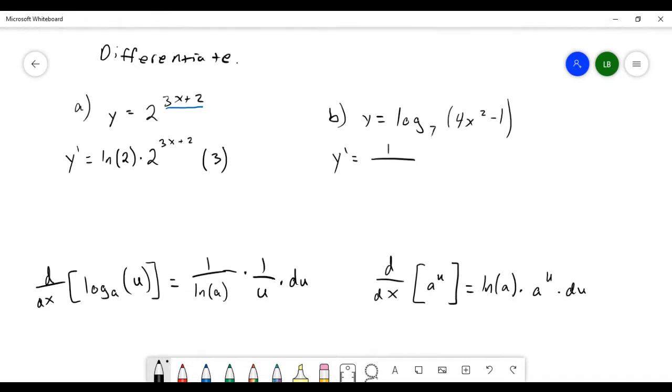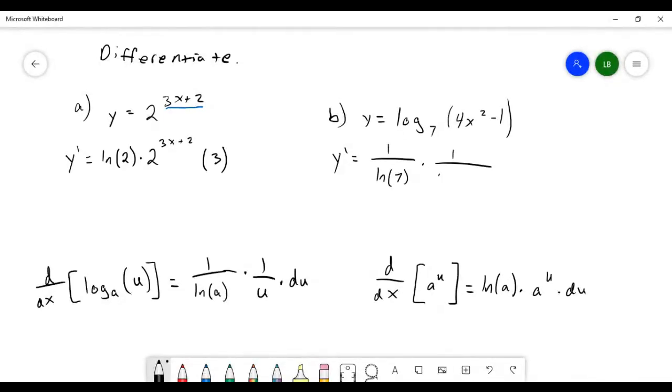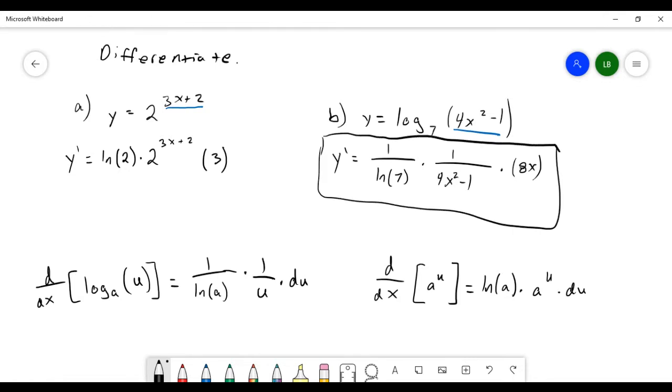So we have 1 divided by the natural log of the base multiplied by 1 over 4x squared minus 1 times the derivative of the inside of our logarithm, and the derivative of 4x squared minus 1 is just 8x. And that would be our answer. There's not really a ton we could do to simplify it. We could write it all as one term, but this is fine. Okay.